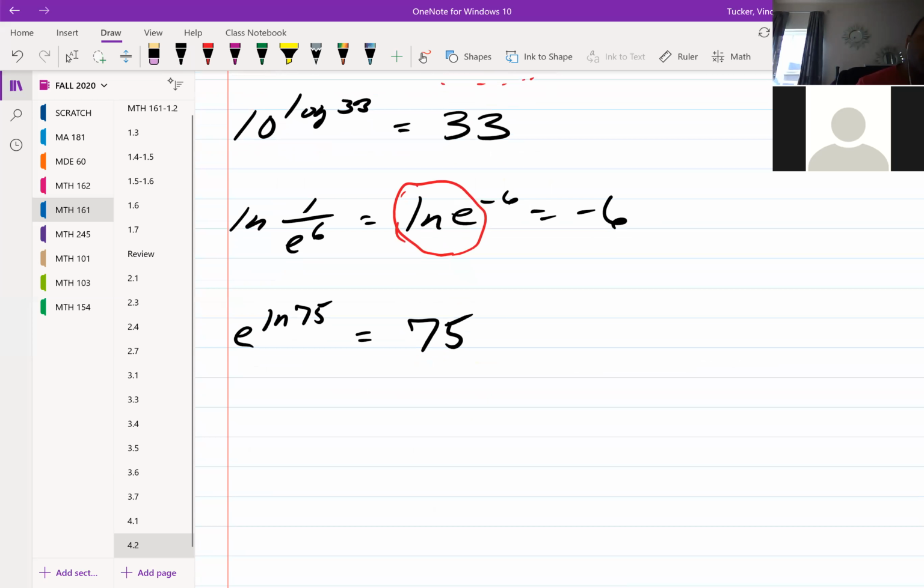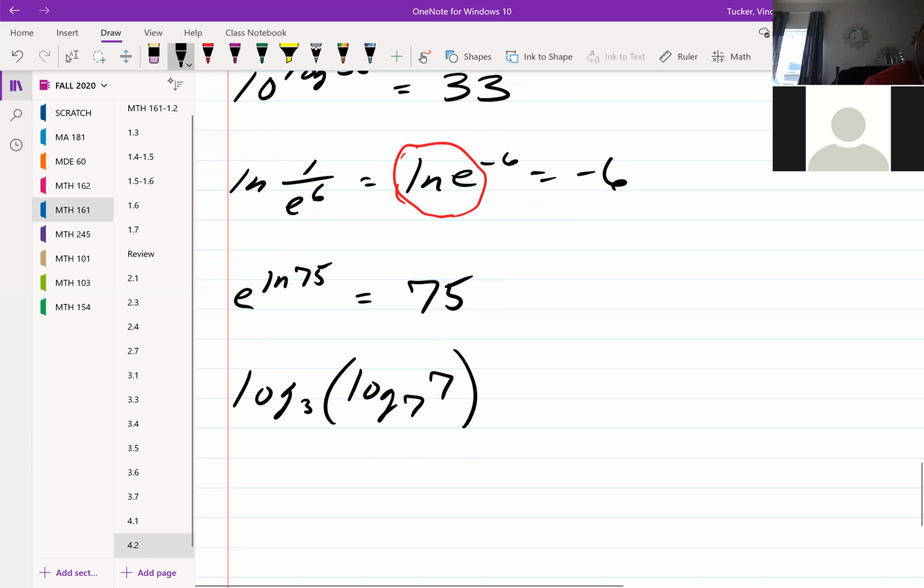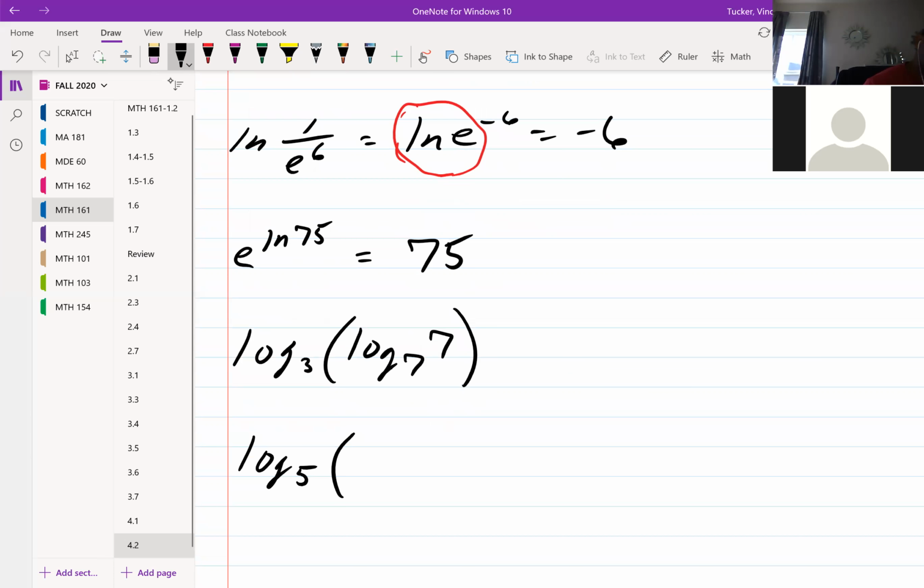I could leave it like that. Let's do this log. All right, so if we look at this, we have log base 3 of log base 7 of 7.